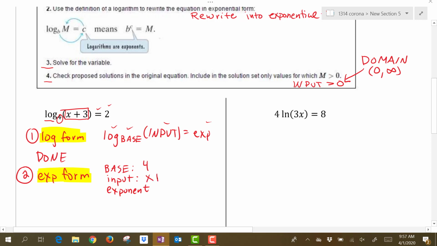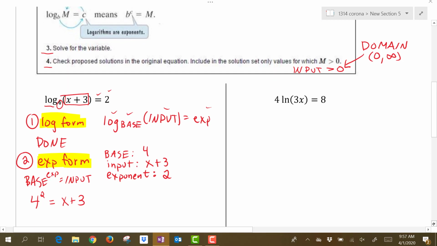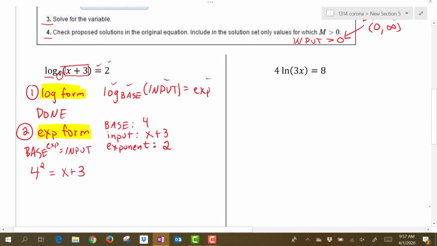The input for the log is x plus 3. The exponent here in this log form is 2. So we're going to rewrite this as the base raised to the exponent is equal to the input of the log. So that's going to be 4 raised to the power of 2 is equal to the input of the log, which is x plus 3. Okay, step 1 is log form. Step 2, rewrite in exponential form.